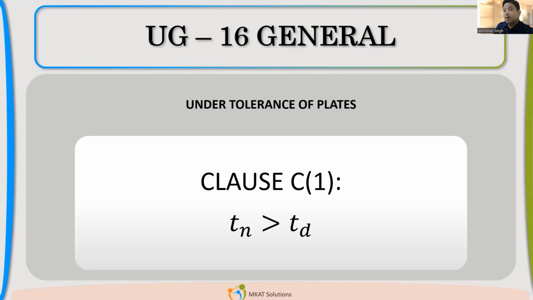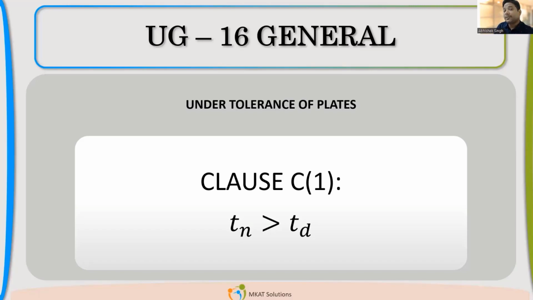Plus may not be a problem with design, because if I need 10 and I'm getting more than that, I'm okay. But if I'm giving too much plus tolerance, that weight will also become very heavy, which may not be good for the design. So negative and positive both are required.